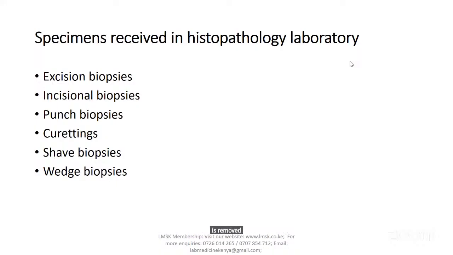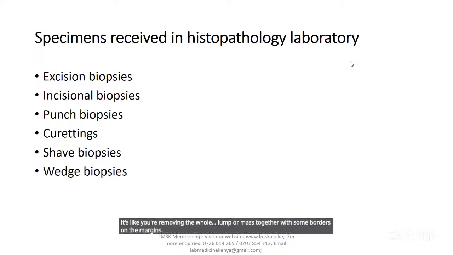You go to the doctor and maybe you have done a radiology test, you are feeling a lump somewhere in the body, and then they decide to remove the whole lump. We can call it excisional biopsy. Sometimes we can call it a lumpectomy. You're removing the whole lump or mass together with some borders or margins. Those are excisional biopsies.